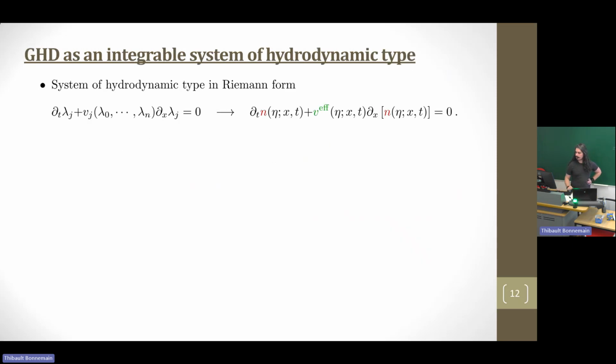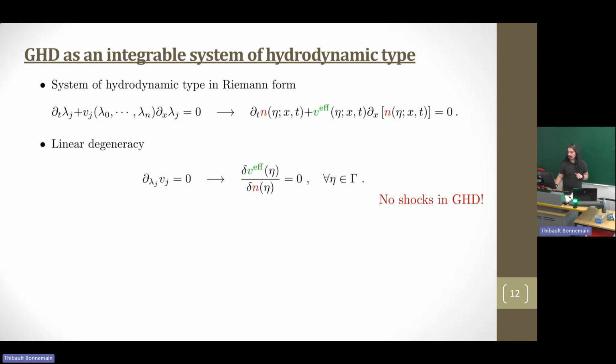So, given that we have a Riemann invariant form for our GHD equation, we can also ask ourselves what else we can bring from the theory of hydrodynamic type systems that I introduced in the first lecture. So the first thing we can ask about is whether there is some kind of property that is analogous to linear degeneracy.